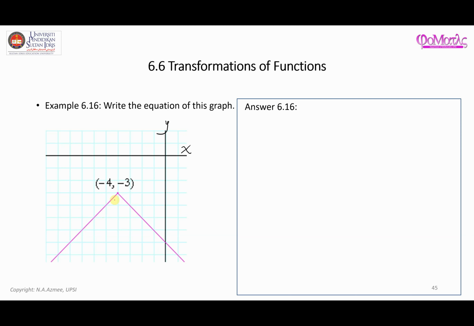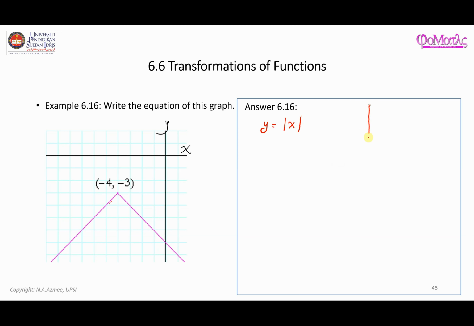For the first example here, example 6.16, you are required to represent this graph using a mathematical equation. You have to write down the equation for this graph. Based on its shape, it is quite similar to the basic function you have seen in the previous video, which is y equals modulus or absolute value of x.